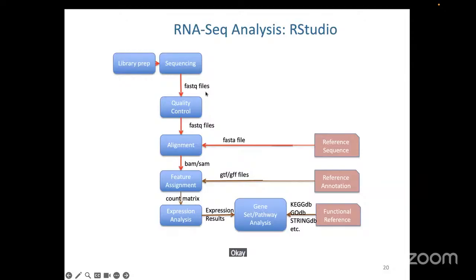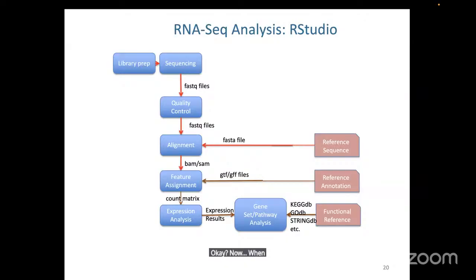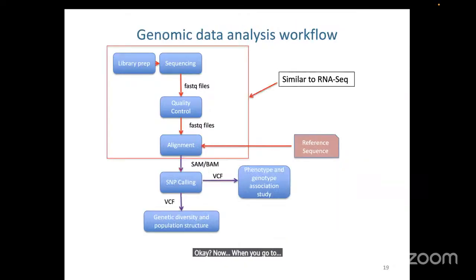Now, when we go back to genomics, after your alignment, you have to get SNPs. We're going to see what SNPs are. After getting your SNPs, you're going to get your variant call file, your VCF files.